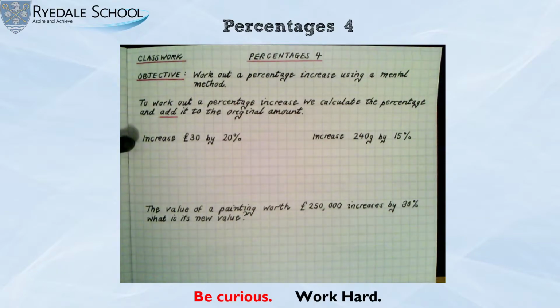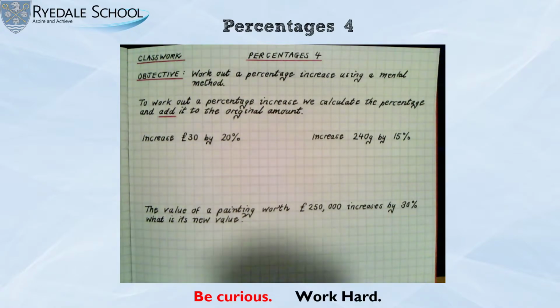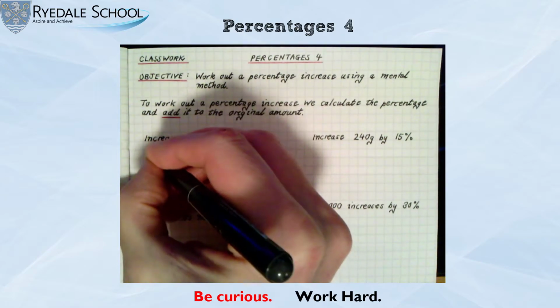So if we want to increase £30 by 20%, we just have to work out 20% and then add that back on to the £30. Now if I was going to work out 20%, I would probably use two building blocks of 10%. I'm going to show a little bit of working out.